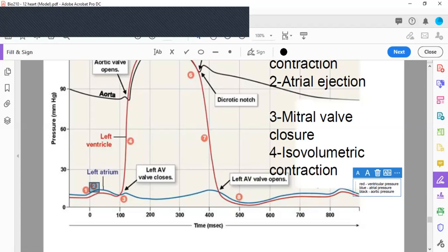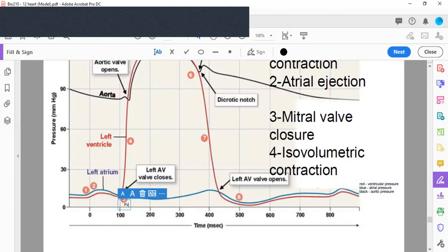Now at 3, the pressure of the ventricle is higher than the pressure of the atrium. So I'm going to make a note on 3. I'm going to put down the pressure at 3, the pressure in the ventricle.